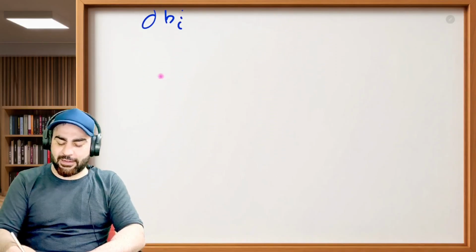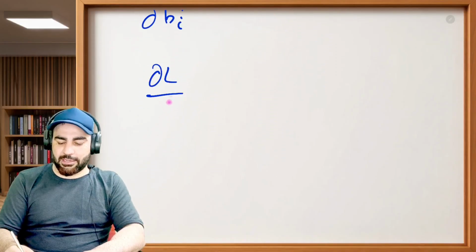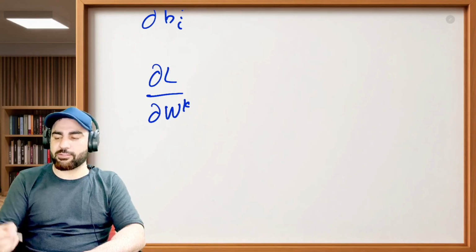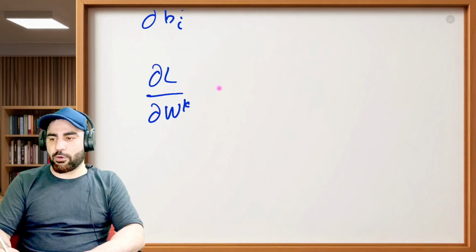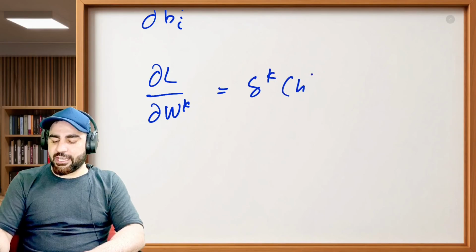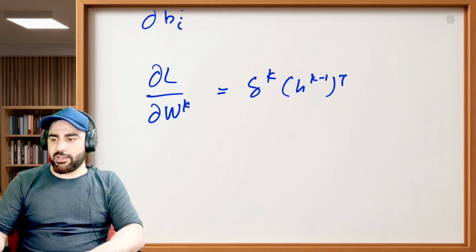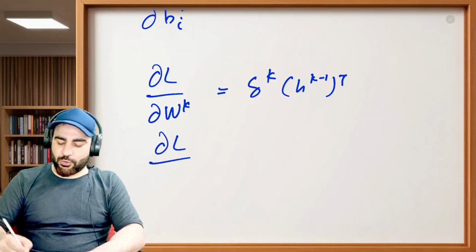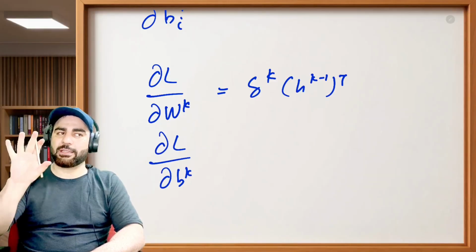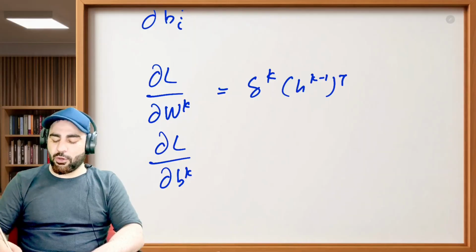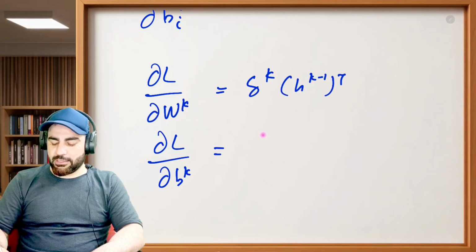Similarly, in vector form, the derivative of the loss function with respect to the matrix W_k is equal to delta_k times h_(k-1) transpose. And similarly for dou L by dou b_k, if you take the derivative of the loss function with respect to the whole vector b_k, you will get this delta k directly.